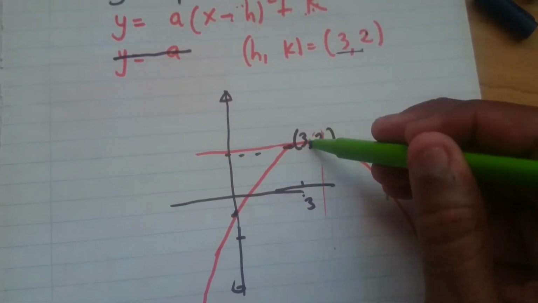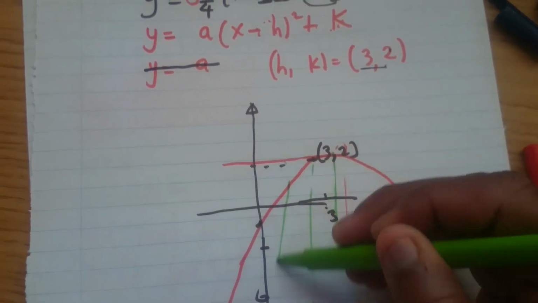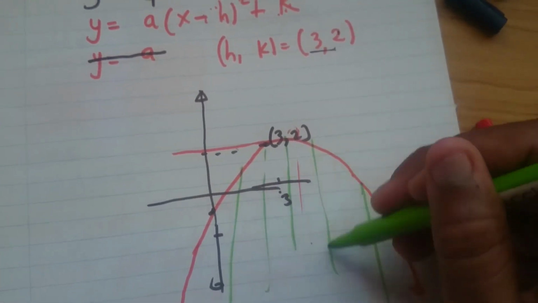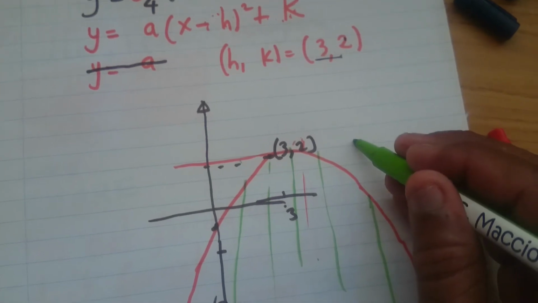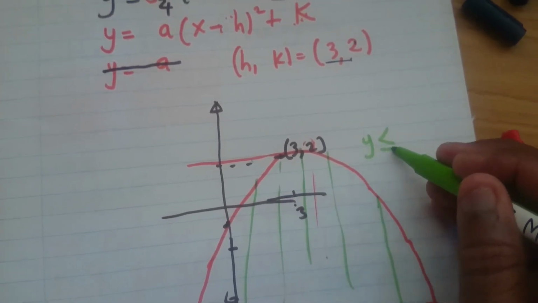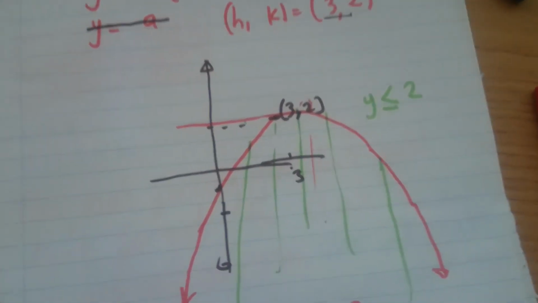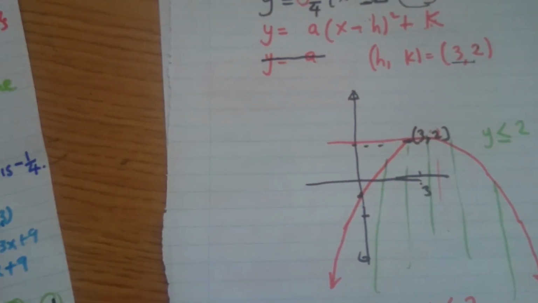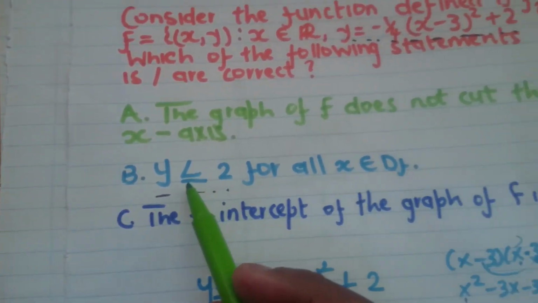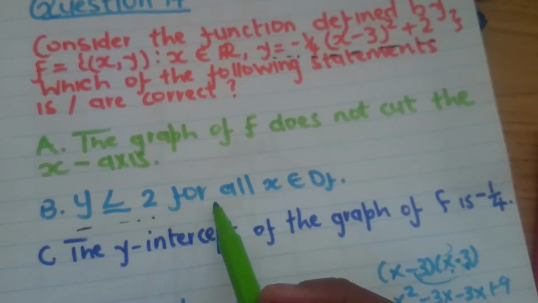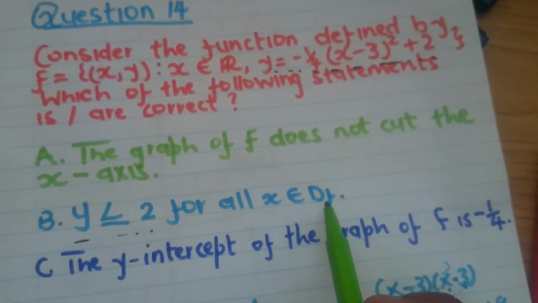This is how you check range from here. See, that's what is covered by the graph. So that's why I say range is less than or equal to 2, because the graph touches at value of y equal to 2. So that's how they say here: value of y, which are called range, is for all elements x. x are element of domain of f.